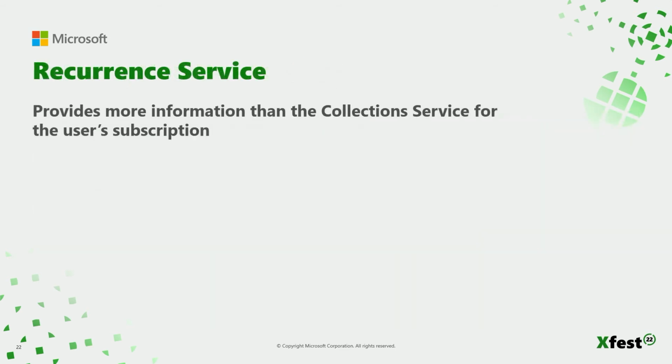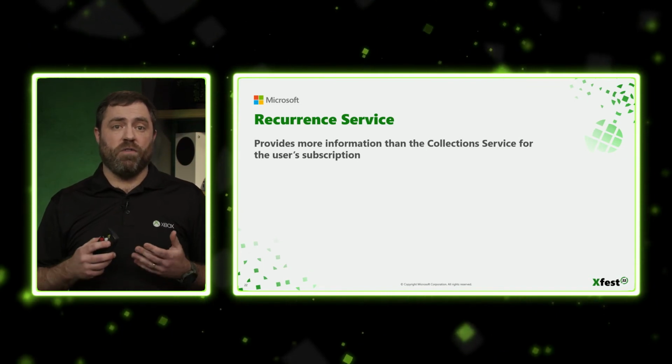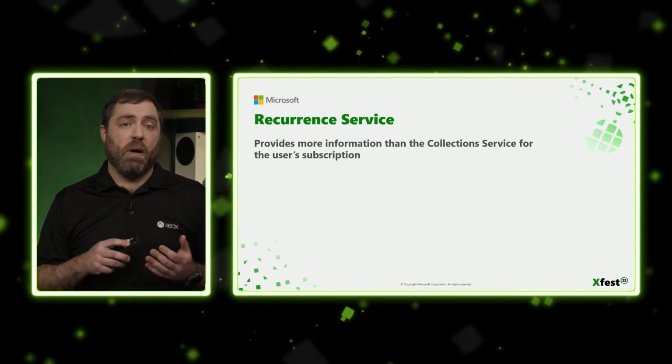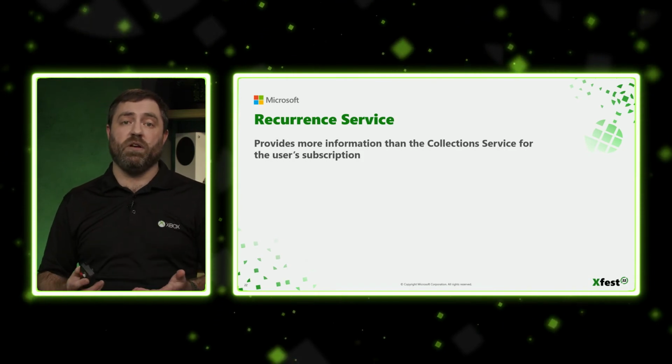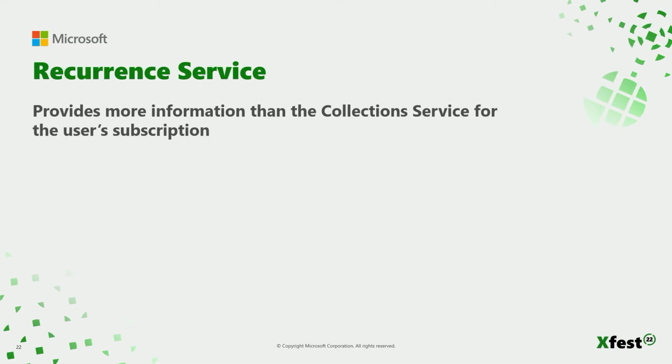When offering a store-managed subscription product, we recommend integrating your service with the Recurrence service. This service provides specific information about the user's subscription status and provides more information on the subscription than simply calling the collections endpoint.